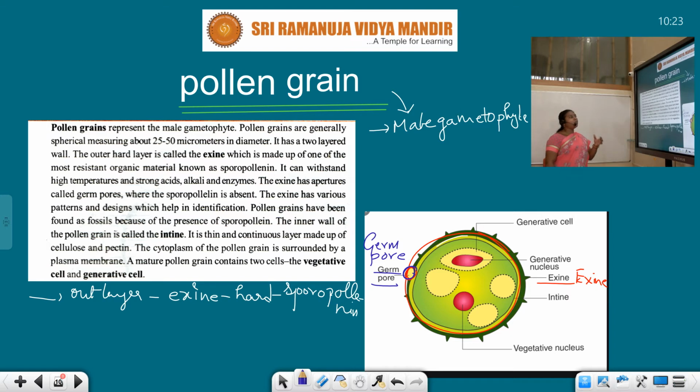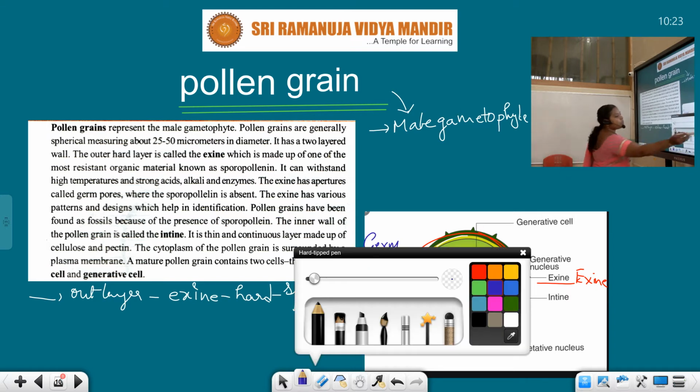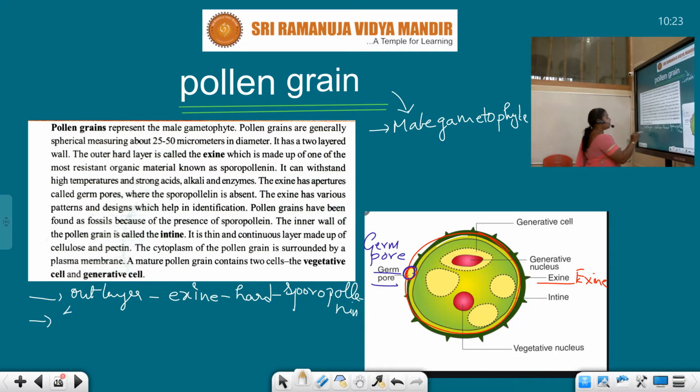The inner wall of the pollen grain is known as intine. So students, we discussed the outer layer. Now the inner layer of the pollen grain is known as intine. It is a thin continuous layer made up of cellulose and pectin.